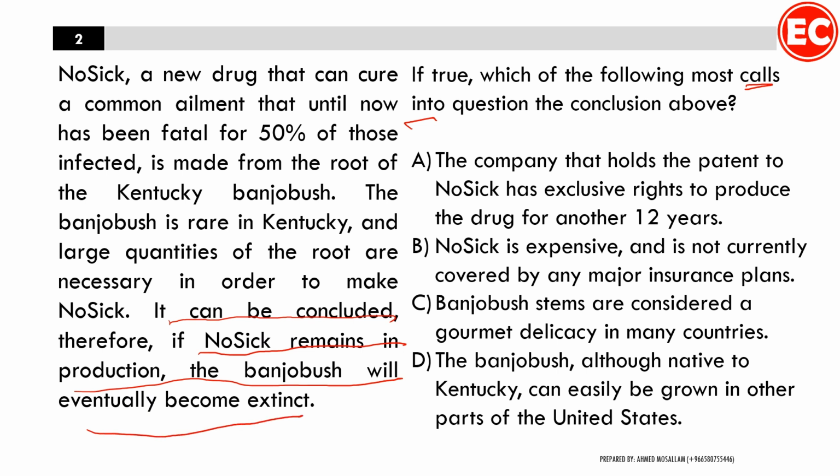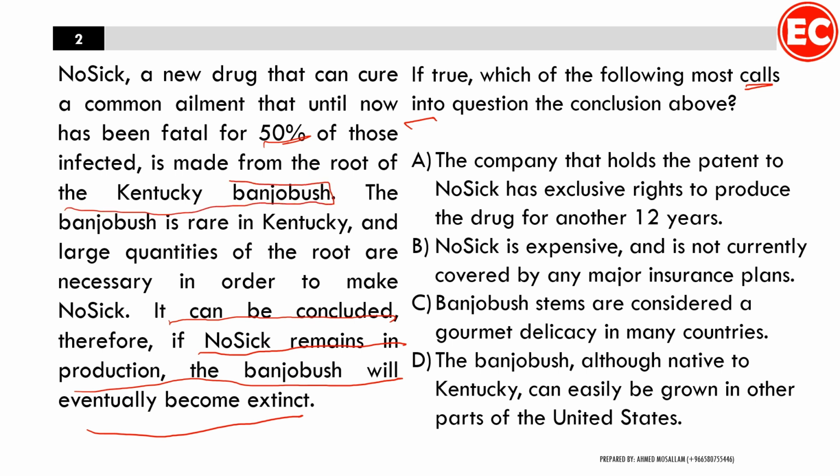You may understand what is needed in the conclusion and answer directly, or it's better for you to read from the beginning. You have enough time for this, to be honest. Okay, so no sick, a new drug that can cure a common ailment that until now has been fatal for 50% of those infected, is made from the root of the Kentucky banjo bush.